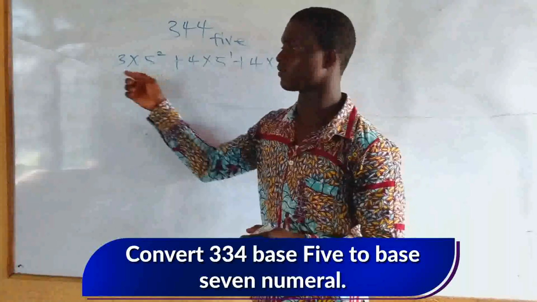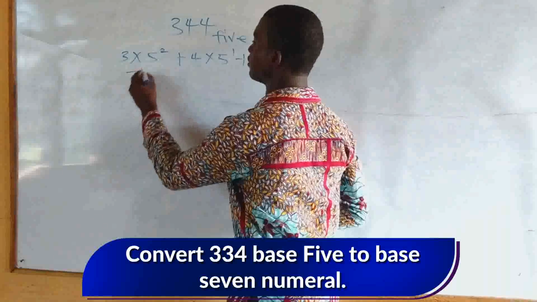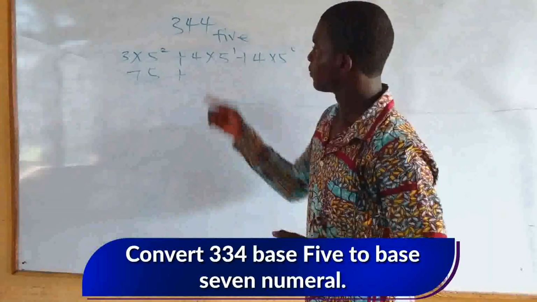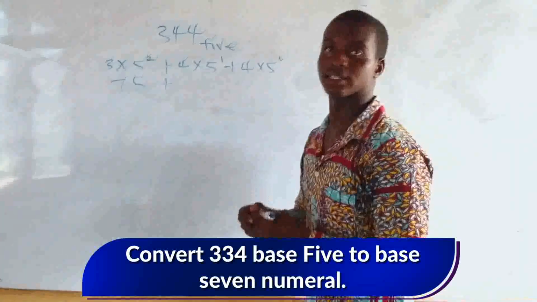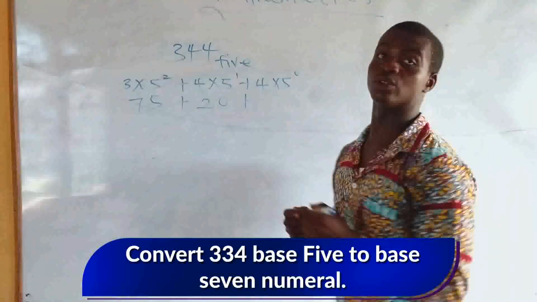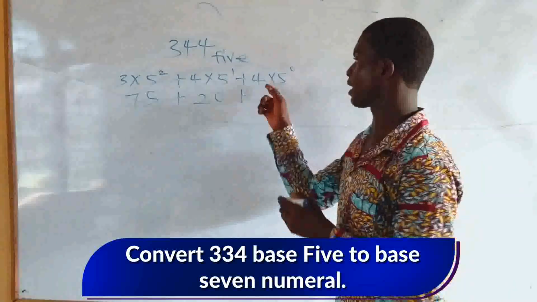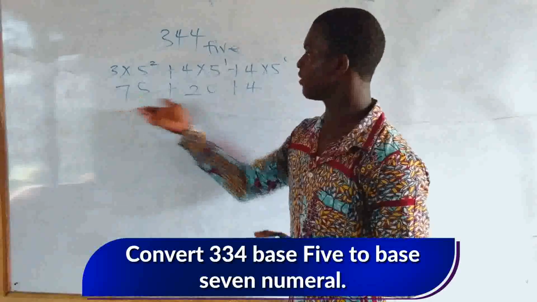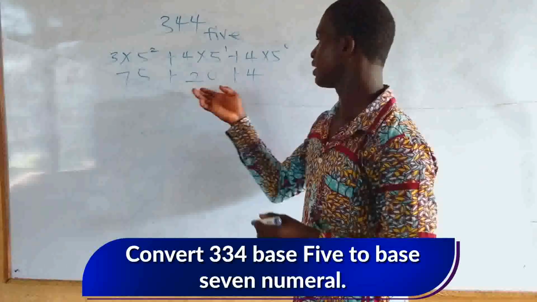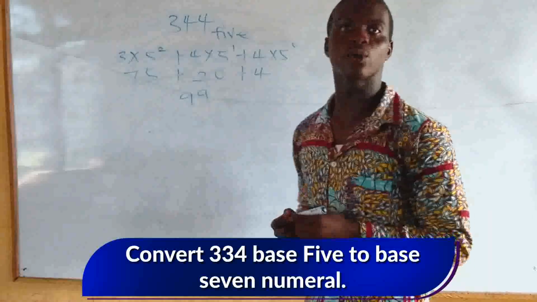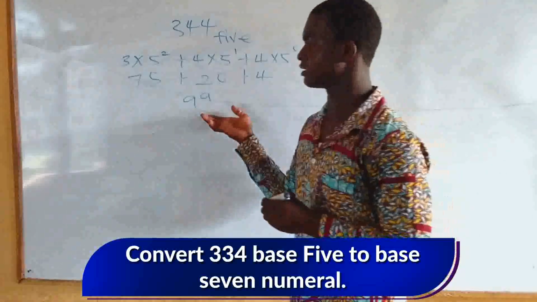And so 25 times 3 gives you 75. 4 times 5 raised to the power 1 gives you 20. And so 20 plus 5 raised to the power 0 is 1, multiplied by 4 gives you 4. Looking at it, 75 plus 20 gives you 95, and 95 plus 4 gives you 99. And so now you have 99 in base 10.